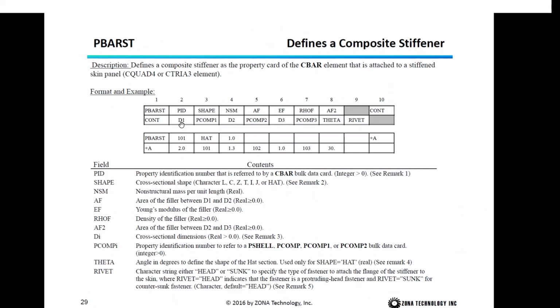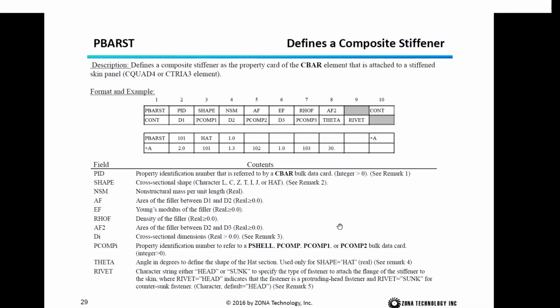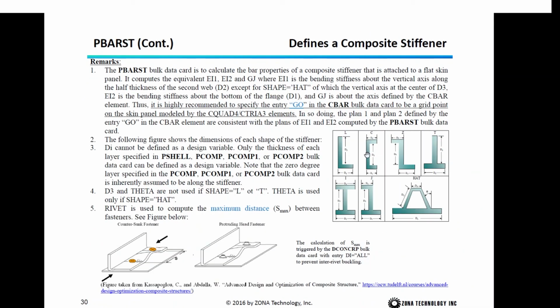After that, you have D1, which specifies the length of the web, and D2, which specifies the length of the flange, and another flange.